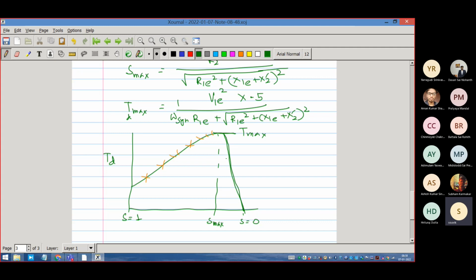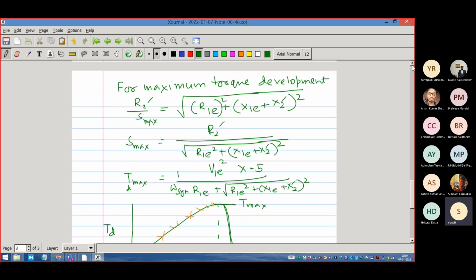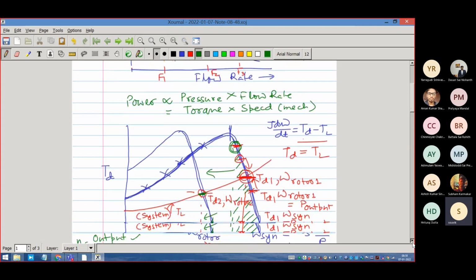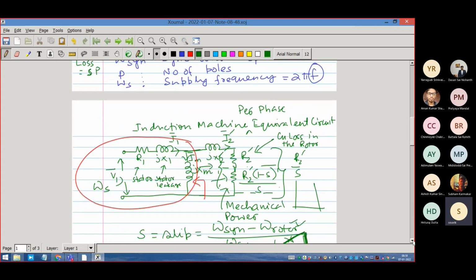I don't have much time to start it, but you can see that it will be done by one approximation. That approximation is that the stator resistance part will be ignored. Look at the equivalent circuit and think about it.